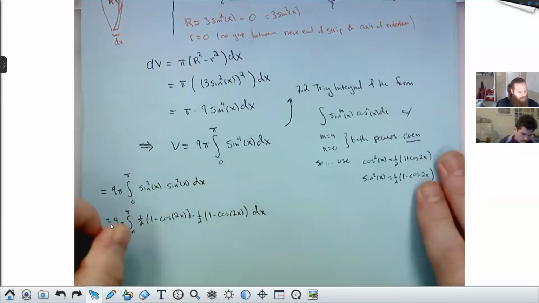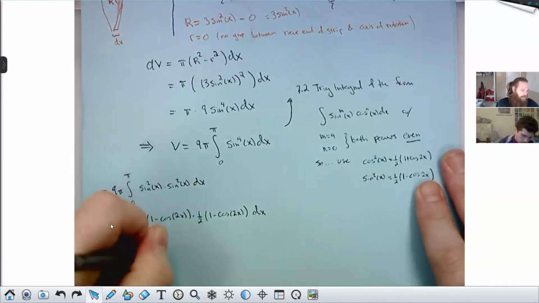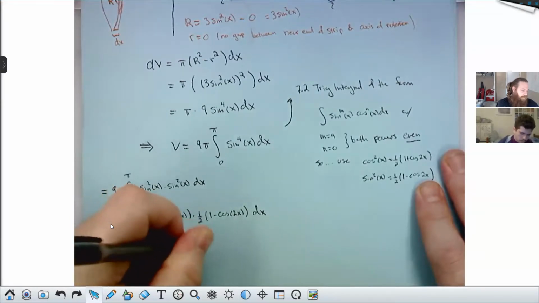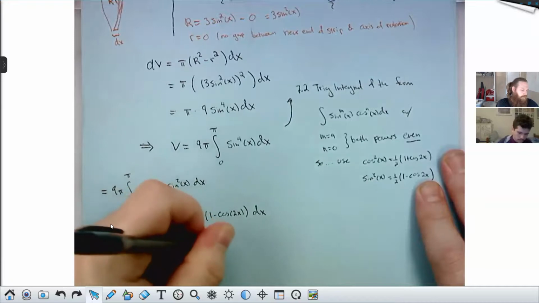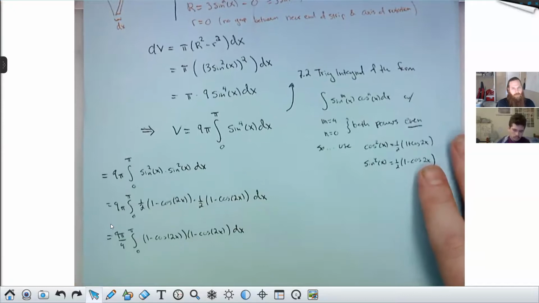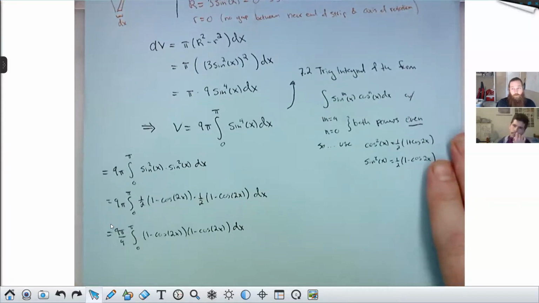So I'll have 9 pi over 4 times the integral from 0 to pi of (1 minus cos 2x) times (1 minus cos 2x) dx. And now we FOIL, cross our fingers.